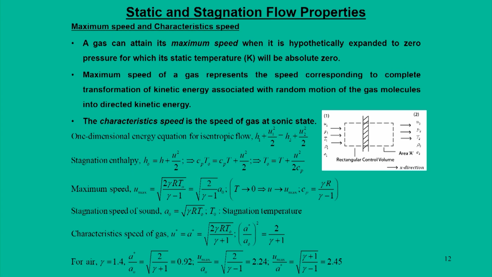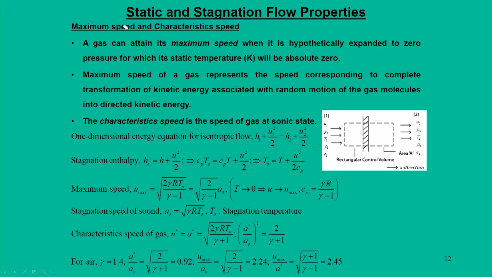So, now we are moving on to the second part of this lecture video. In continuation of static to stagnation flow properties, we will define some terms called maximum speed and characteristic speed.